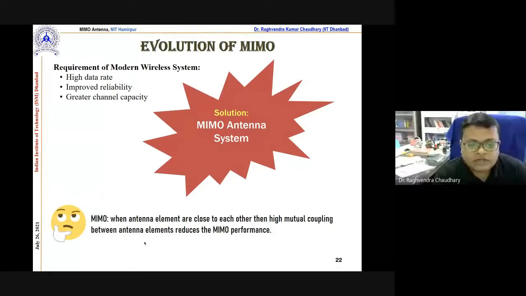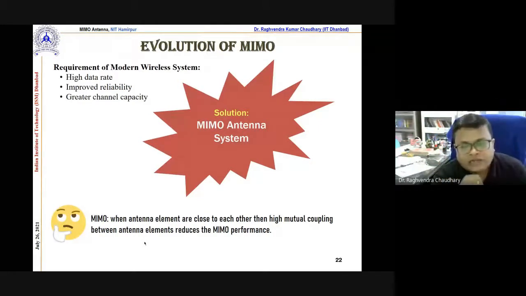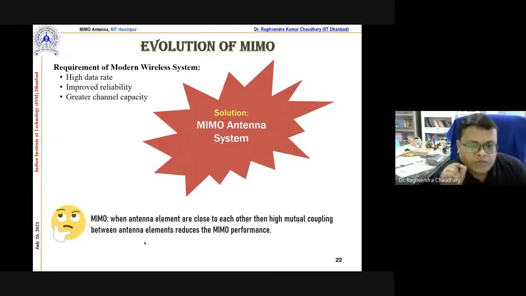The antenna elements are very close, so there is high mutual coupling. There is crosstalk, which reduces the performance. The communication is not as efficient as what we theoretically expect. So the big challenge for engineers is how to reduce this mutual coupling.